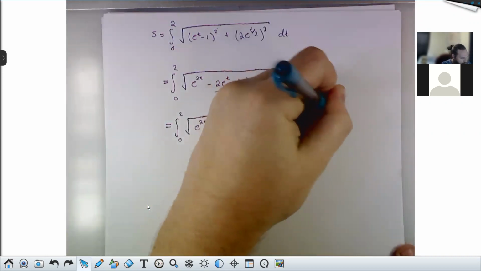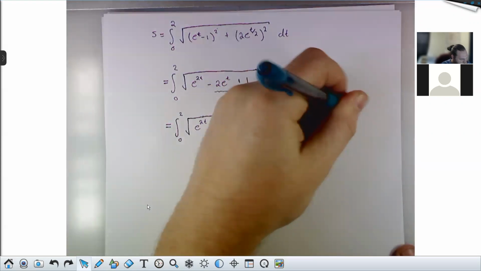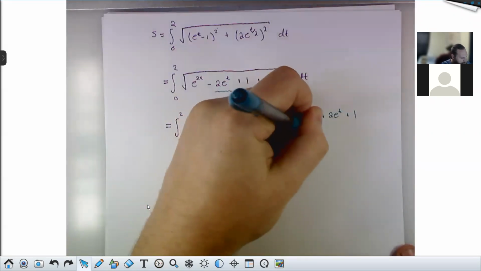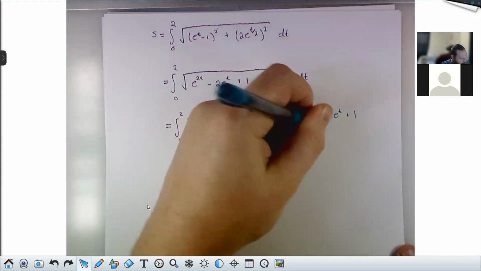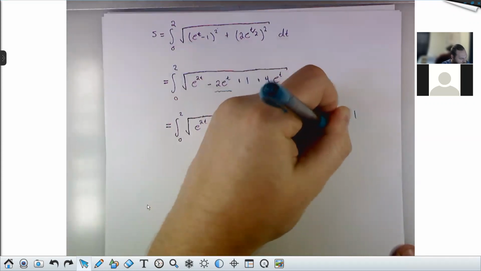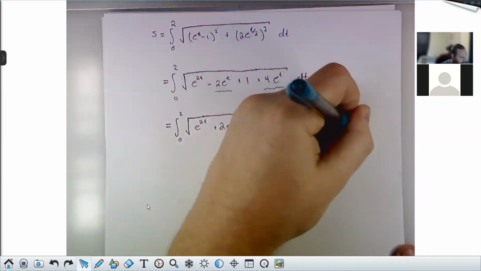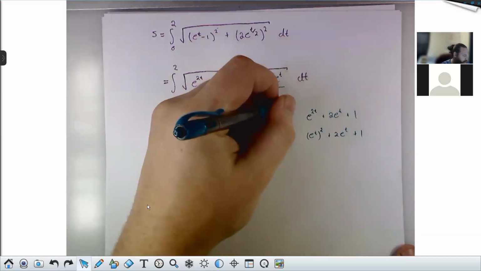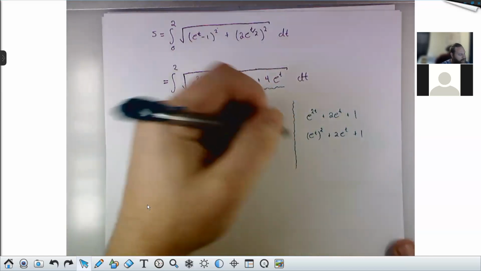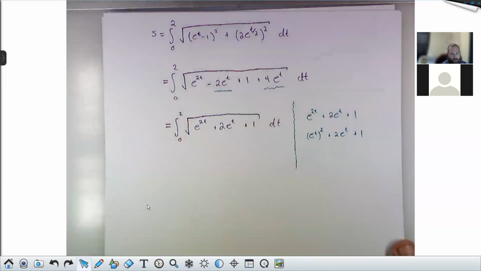So e to the 2t plus 2e to the t plus 1 is the same as e to the t squared plus 2e to the t plus 1. In fact, that's where that e to the 2t came from. And then you can factor this.